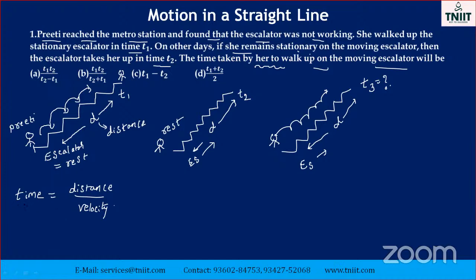Time and velocity are reciprocal, isn't it? Because in all three cases, the distance traveled is the same. So how to calculate the T3 value?